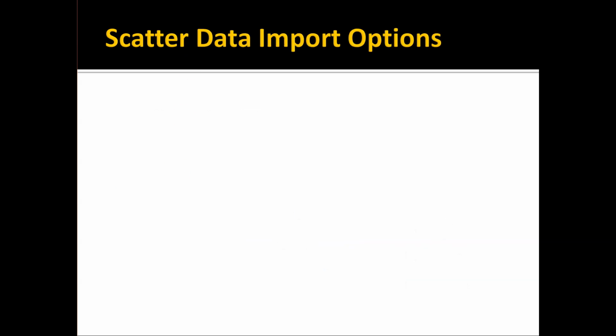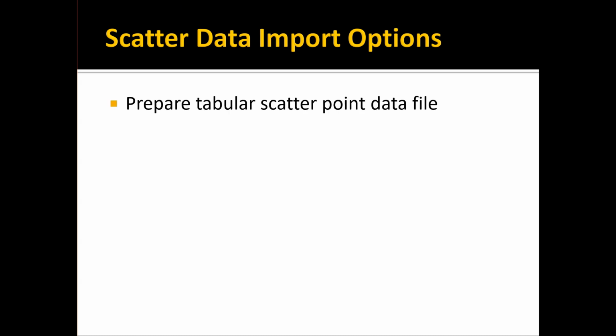Okay, next, how do we get these scatter point sets into GMS? Well, the first thing you do is you prepare a tabular scatter point data file. This is just a flat file, we call it. I'm going to show you an example in the next screen, but basically each row has the XY location and then whatever data set values you want.